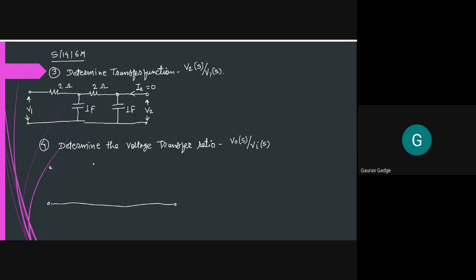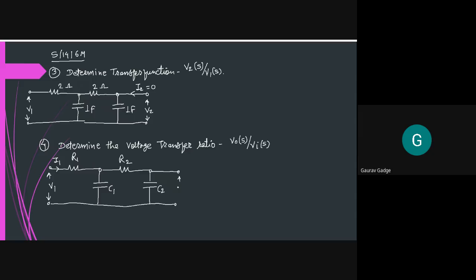Now in the ladder network, what have they given? Resistance R1, resistance R2, capacitor C1, capacitor C2. This is V1 with current I1 present.